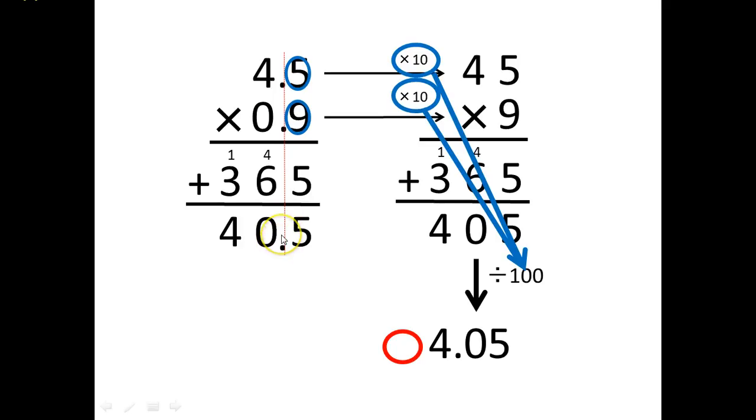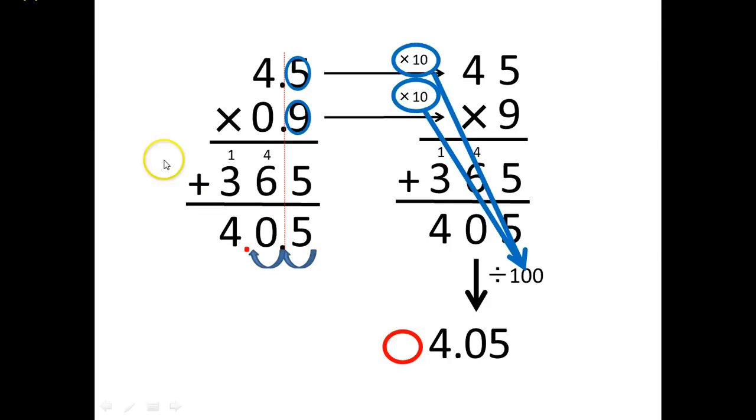Now what we do is, from here, because that's where the decimal point is for the number 405, we don't write it, we don't really think about it, but that's where it actually exists. From that point, we move the decimal point 2 places to the left. Why?